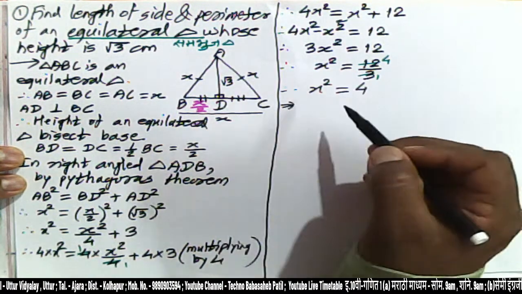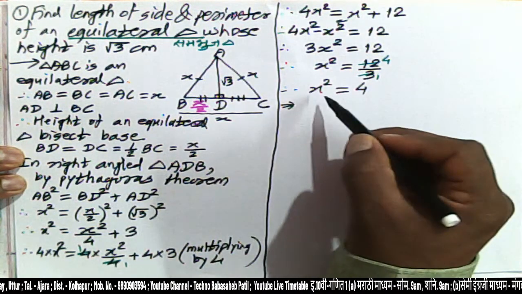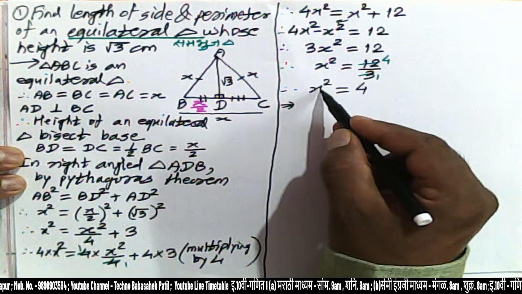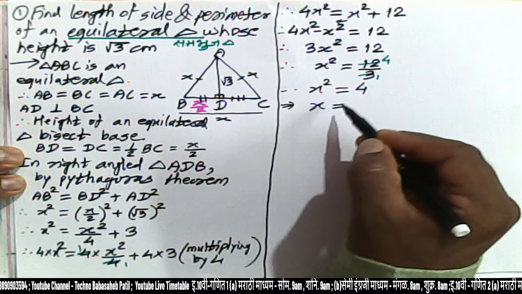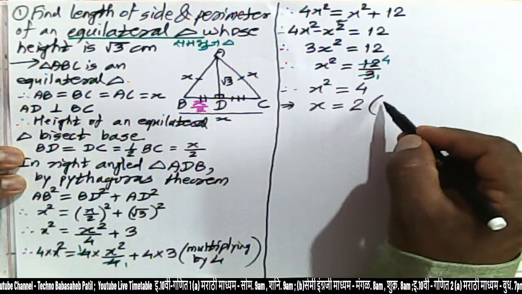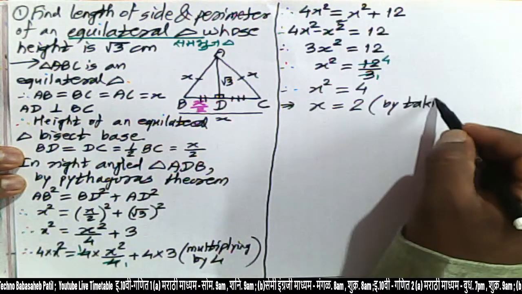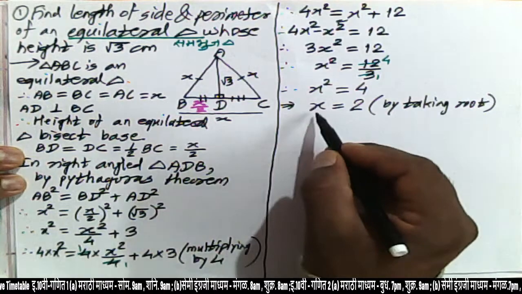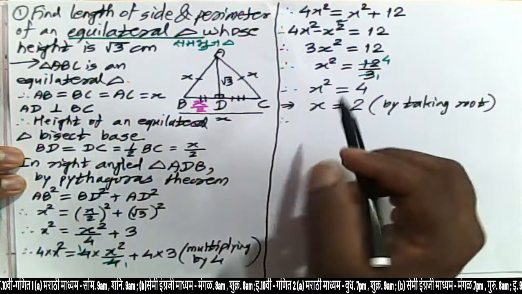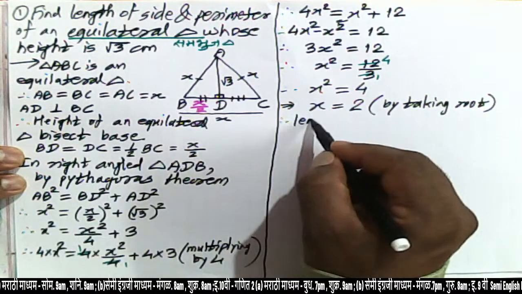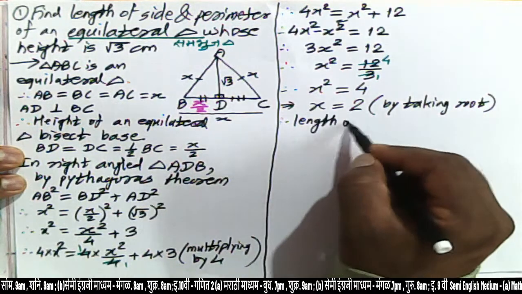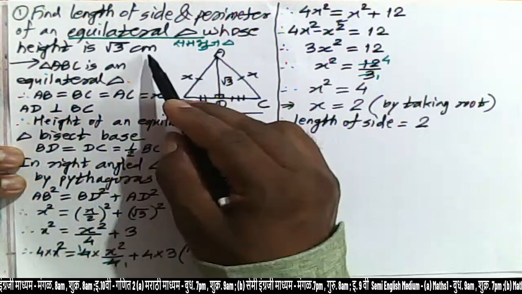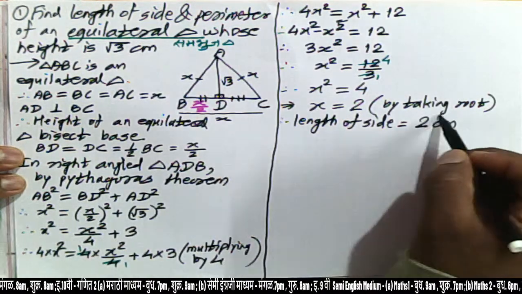This implies that, taking root, root of x square is x and root of 4 is 2. We had to find the length of side. Therefore, length of side is equal to 2 centimeter. That is the answer.